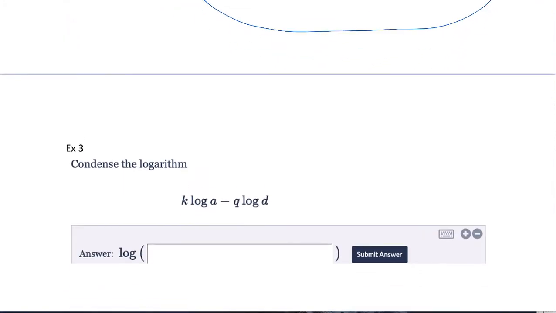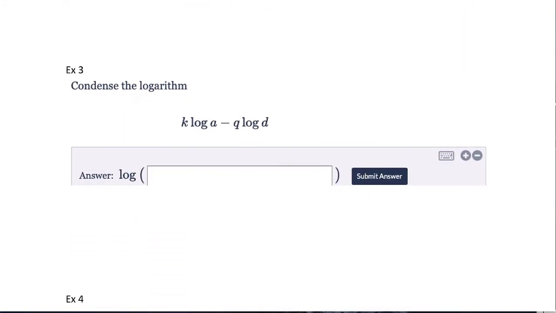Okay, condensing it. So now we're going the other way. We're going from an expanded one to a condensed one. I'll do it in 2 steps. This is log a to the k power minus log d to the q power.